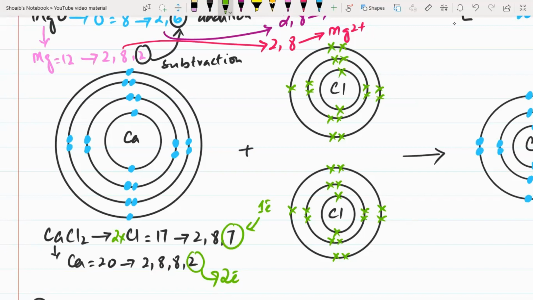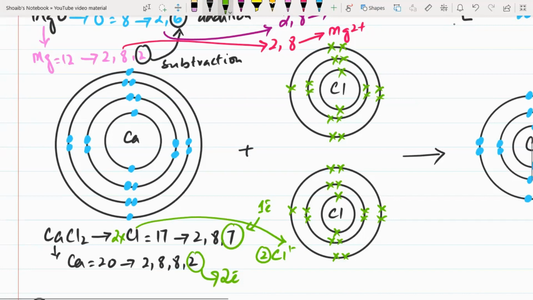Remember one thing: the charge on an ion is represented for only one atom, meaning one negative. You are not going to increase the charge; the charge remains the same. For the chlorine, it's one atom, and you write the 2 here. This 2 indicates 2 chloride ions.